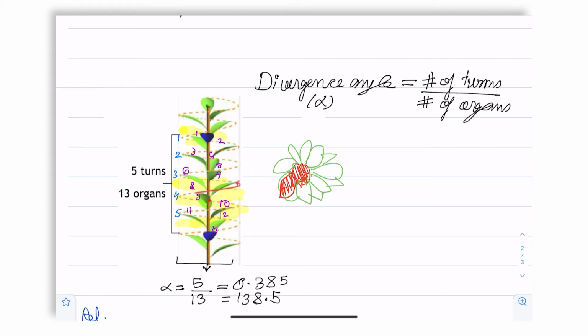Now it is true, if you note a center point and a circle here, then the angle formed by the first and the second are offset a little bit.